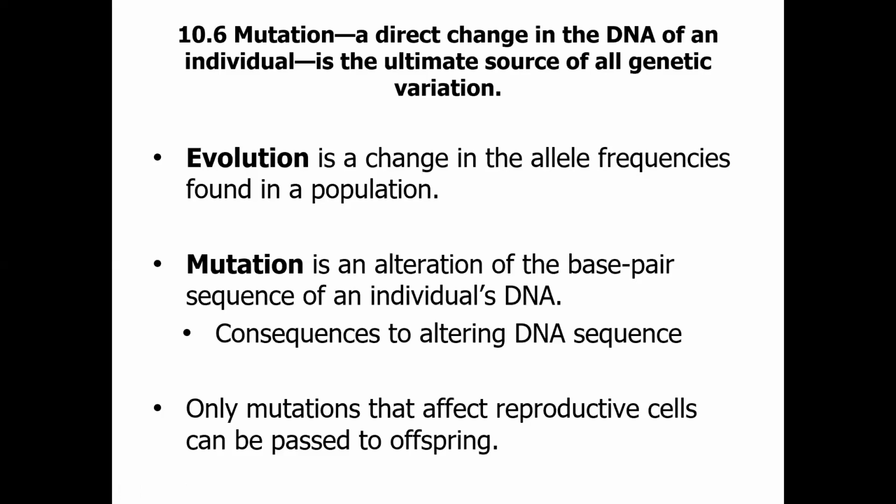That would be a mutation that we're interested in for evolution because we're talking about a condition that's affected at the genetic level and can be passed on from parent to offspring. Something like cancer, for example, is a mutation that affects the individual, but you are not going to pass on that cancer to the offspring. So we're really looking at mutations that can be passed from parent to offspring.